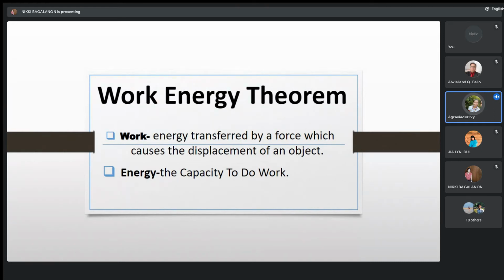Our topic is the work energy theorem. You have already identified work, so let me recap. Work is energy transferred by a force which causes the displacement of an object. Energy is the capacity to do work.